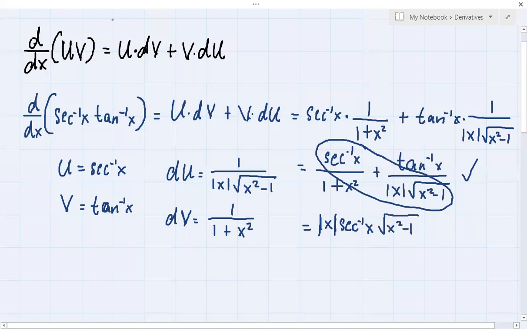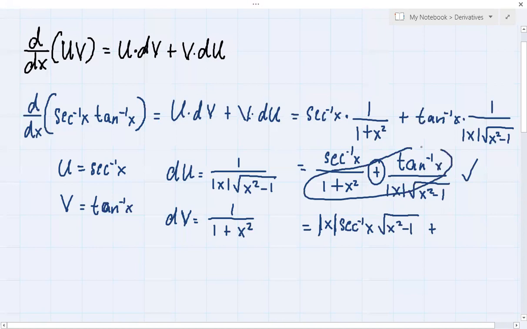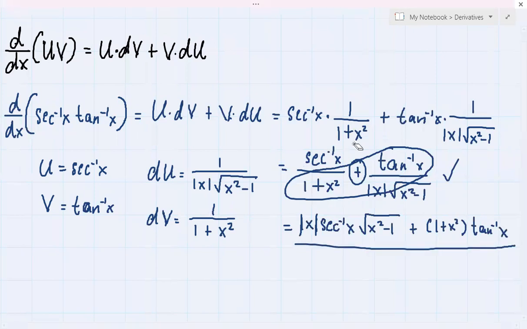There you go. Then next, copy the operation between them, which is yung plus sign or addition. Next, cross-multiply si arc tangent x sa denominator ng arc secant x. So this would be quantity 1 plus x squared times arc tangent. Arc tangent all over, multiply natin yung denominator nilang dalawa.